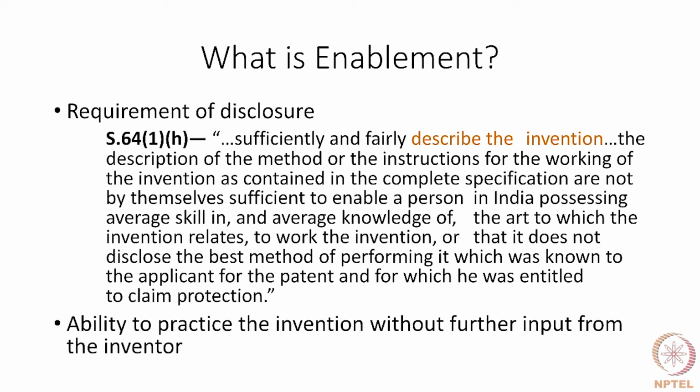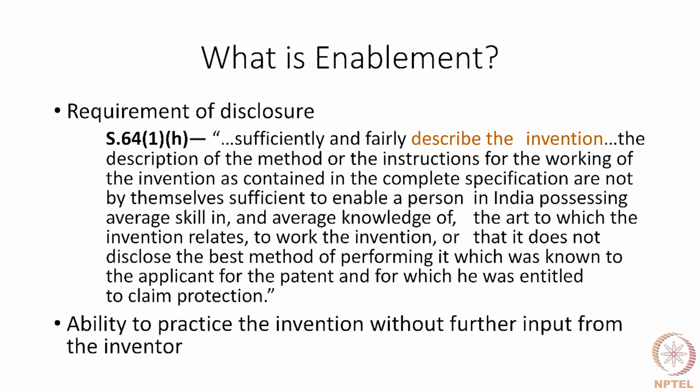Now, the requirement of enablement refers to the ability to practice the invention without any further input from the inventor. Which means the document should be self-contained. You just read the document, or a person skilled in the art reads the document, and he should be able to practice the invention. There should not be any need to get back to the inventor with further information as to what did you mean when you meant heated at a particular temperature, how is the heating done, or on what equipment the heating is done.